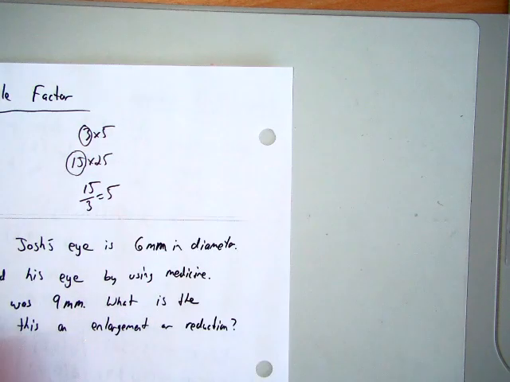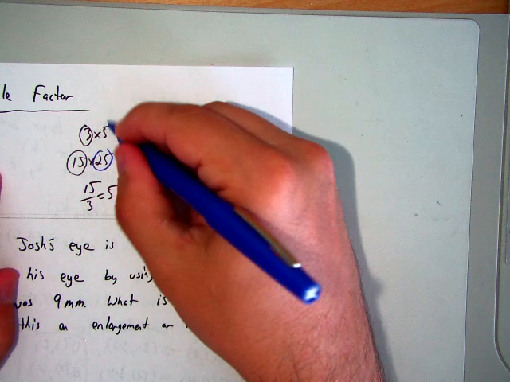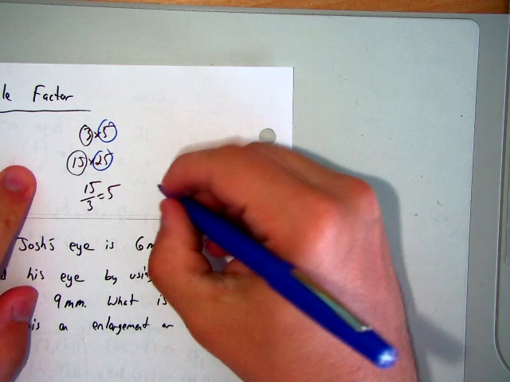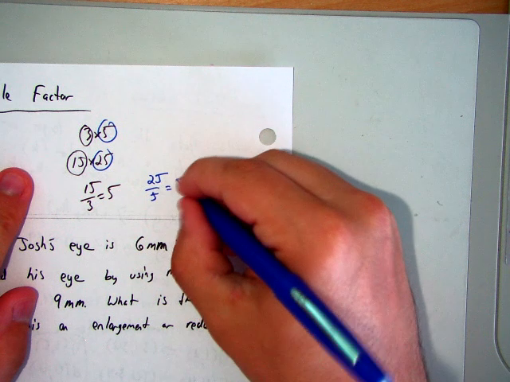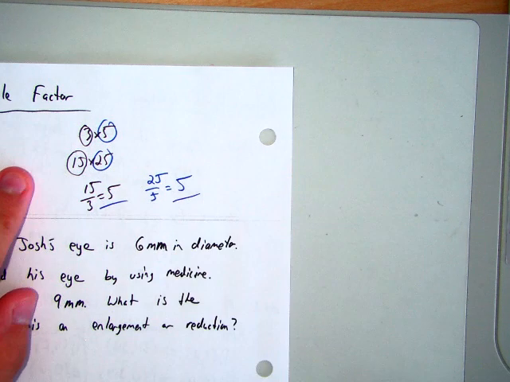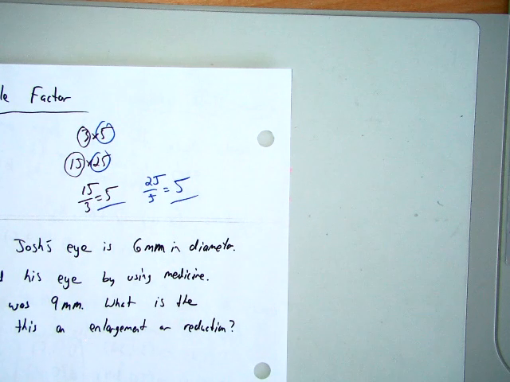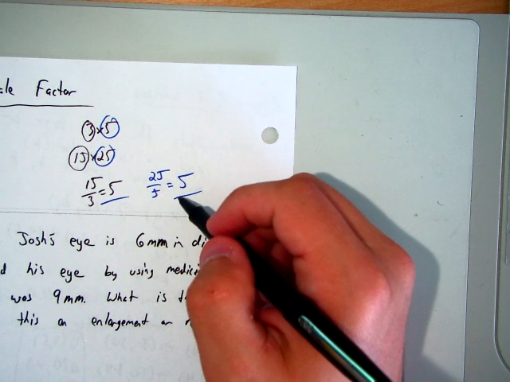If we were to choose the second dimension, that'd be the 25 and 5. New divided by original, I should still get 5. If you get different numbers each time you do a scale factor determination, you did something wrong. You should get the same scale factor regardless of which dimension you choose.